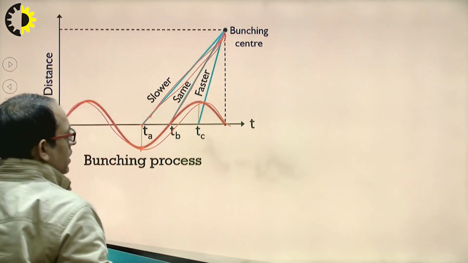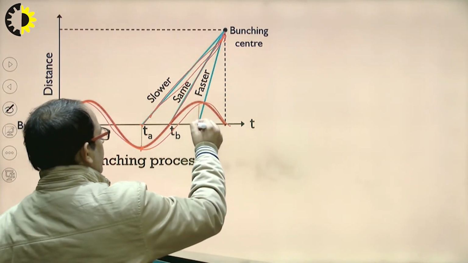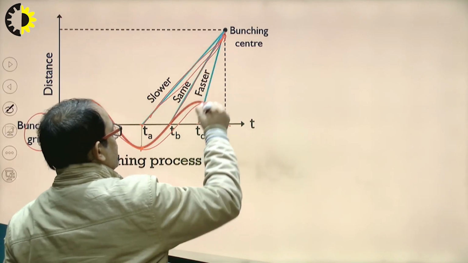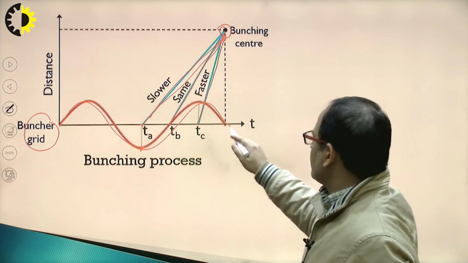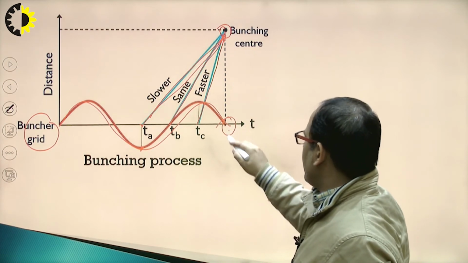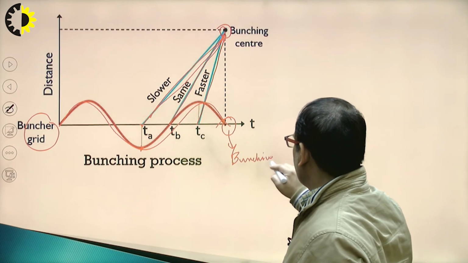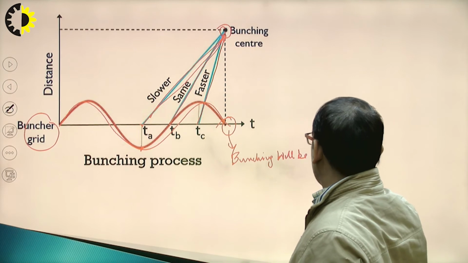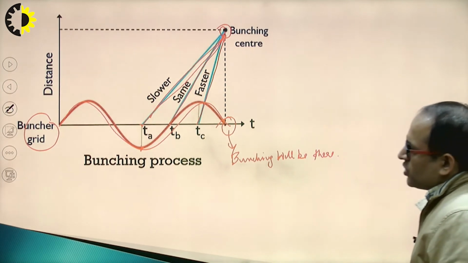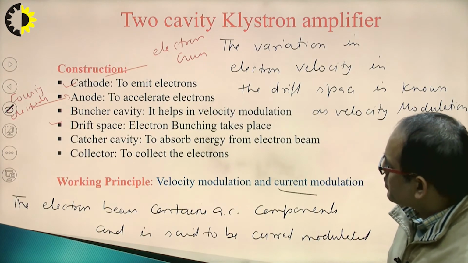And when it interacts with the positive field of this RF input, the electron speed increases, and they all meet at some point, at some time, and at this time bunching takes place. Clear? This is known as the Applegate diagram.